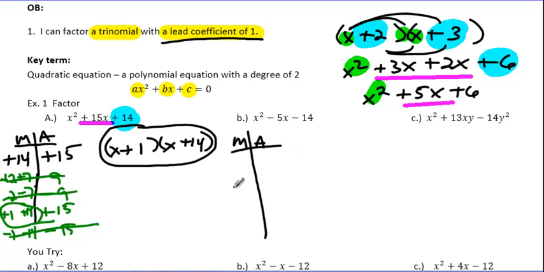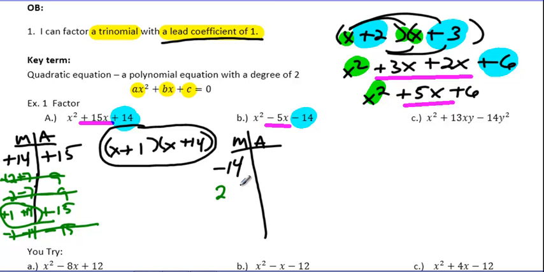This time our 14 is negative. Remember, we got that 14 through multiplication. Whoops, I used the wrong color. We got that through multiplication, and then we got that through addition. So, ways of getting to negative 14.